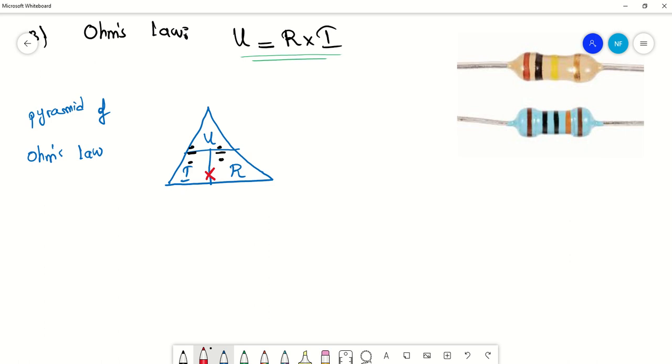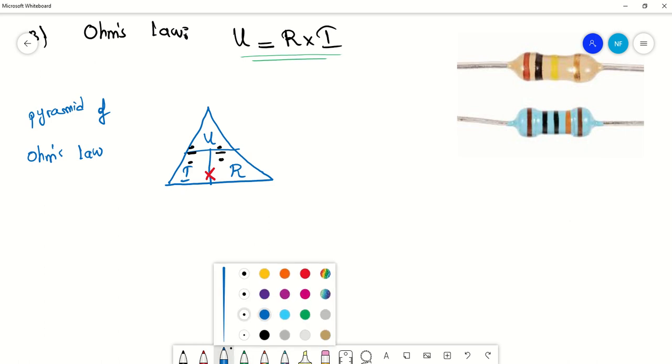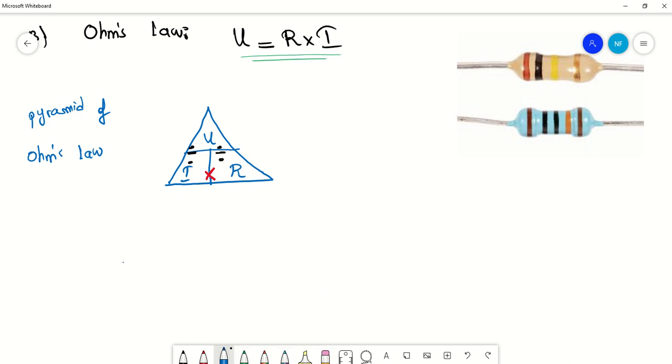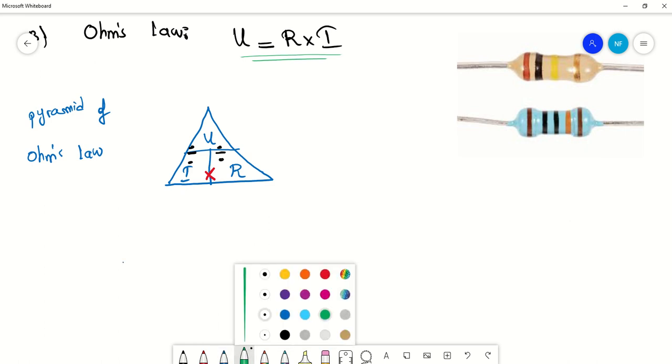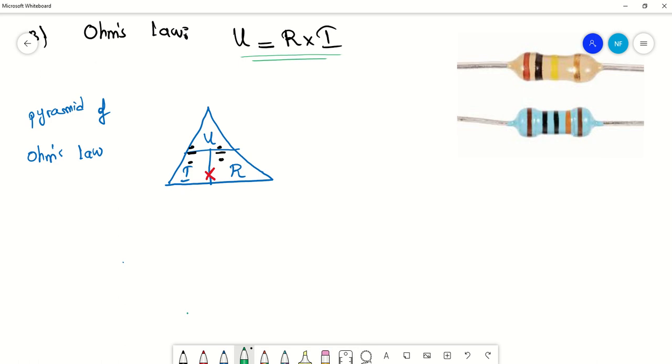When I want to calculate U, for example, I consider that U is hidden. U is not present anymore. So U equals... When U is hidden, what remains? I and R. And what's the sign between them? So U equals I times R. That's the first equation.